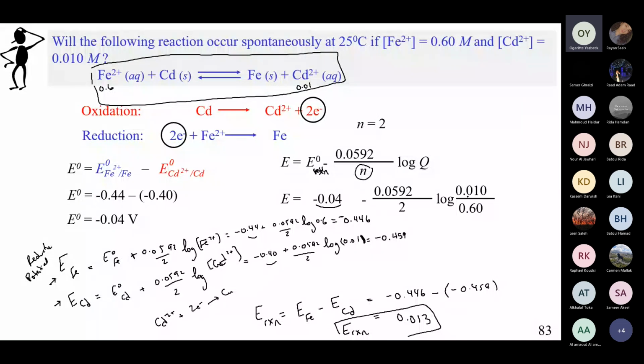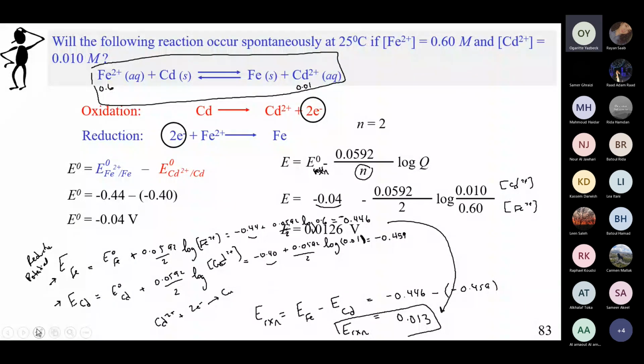So it's the products, cadmium, over the reactant Fe2+, and I solve for this. Look at what I get, 0.0126, which, to two significant figures, is the same, 0.013.